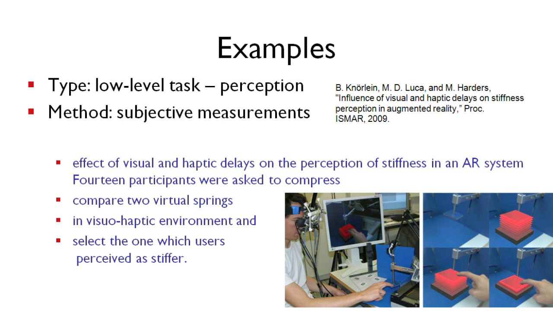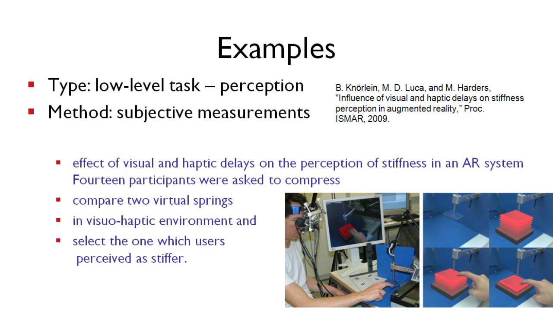Again, this is an example of a low-level perception-based study, but here they used subjective measurements. So just to clarify what we talked about earlier: subjective measurements in terms of judging the stiffness of a virtual spring.